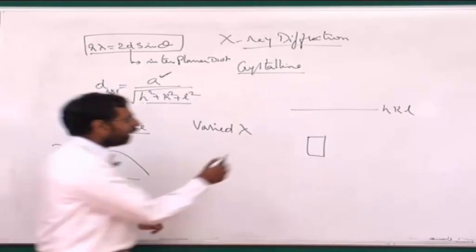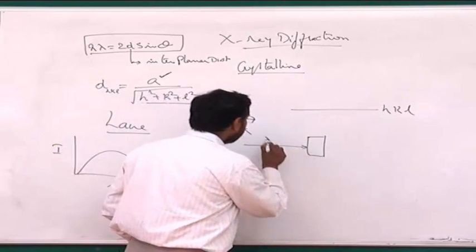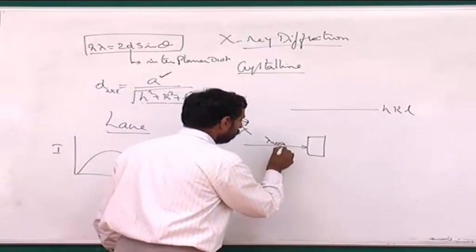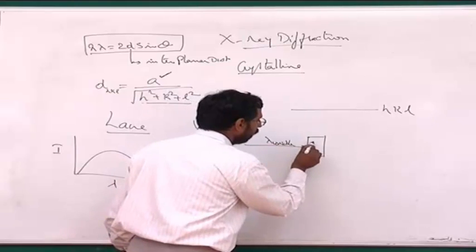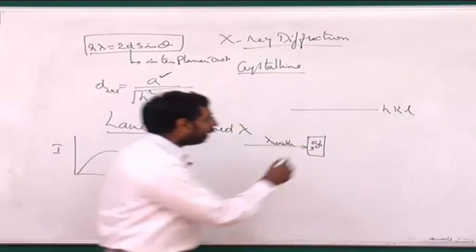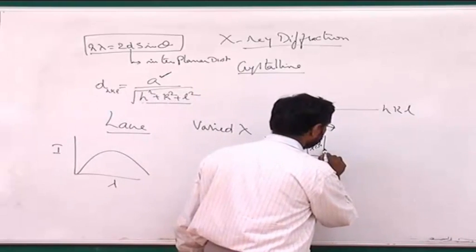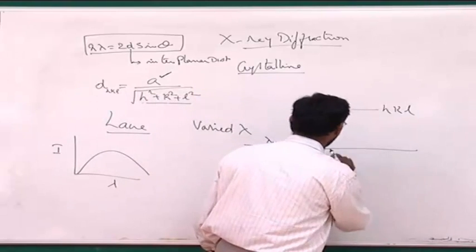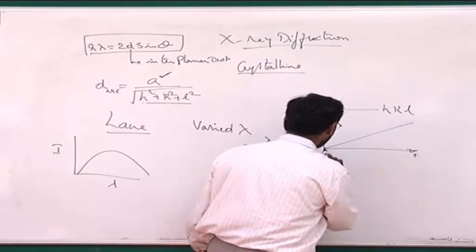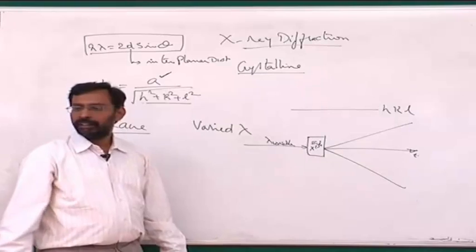So it has one fixed orientation, and this whole single crystal can be called one single grain. If I send an X-ray beam with variable lambda to this single crystal, then the diffracted beams come out like this, along with a transmitted beam.